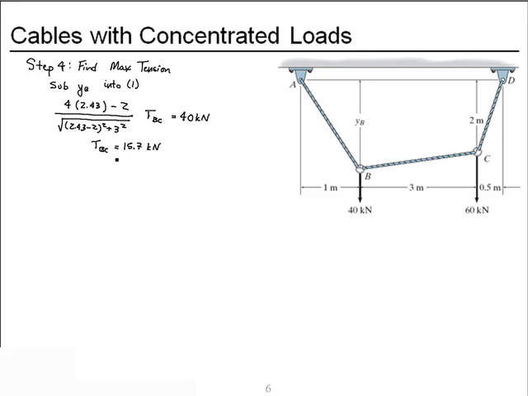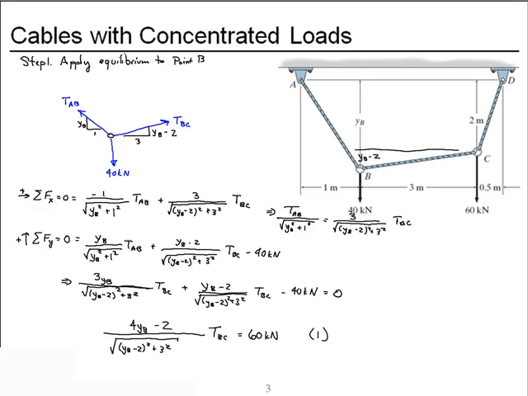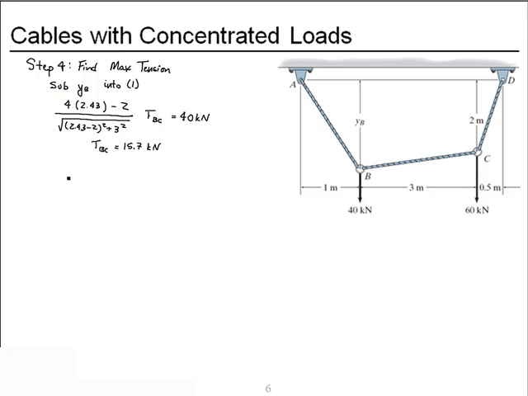Now let's use this value to find the tension in AB. And to do that, we're going to use this relationship that we generated. I now have the tension in segment BC. Let's solve this relationship to find the tension in AB.